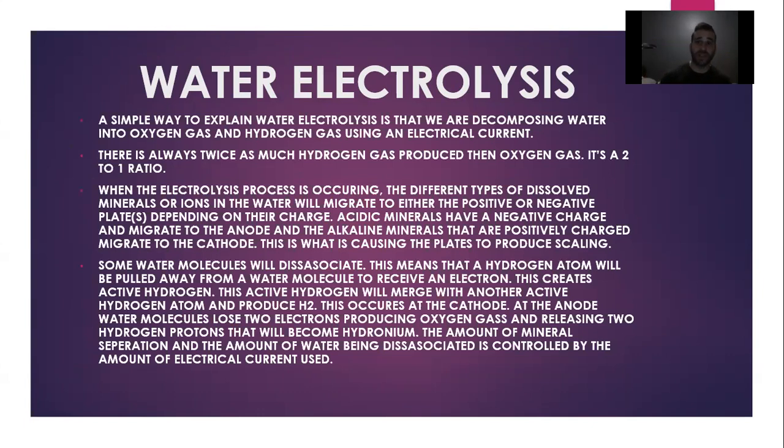You're going to be attracting even more of those alkaline minerals because you're creating a larger magnetic field, and you're going to be producing more hydrogen gas. That's why the water becomes more alkaline.